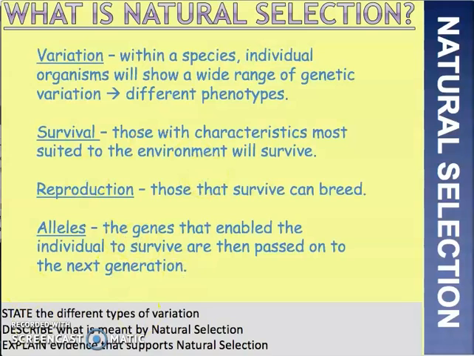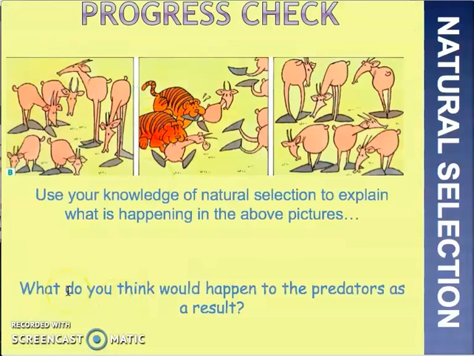Okay, right, a little bit of a progress check for you next then. Have a look at these images. Okay, I'll give you a little description so you know what you're looking for. We have got an animal there in the first diagram on the left hand side. Some of the animals have got really long legs, some of the animals have got really short legs. Now look at the second picture.